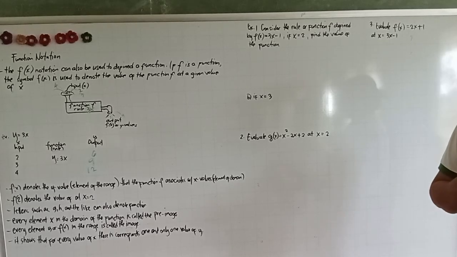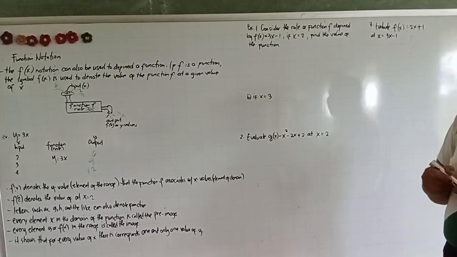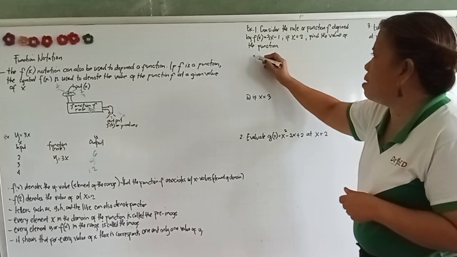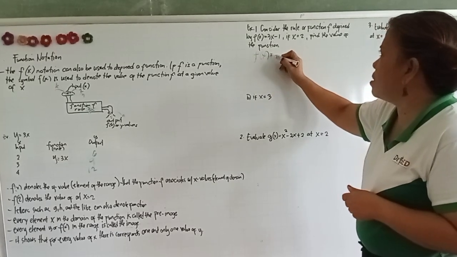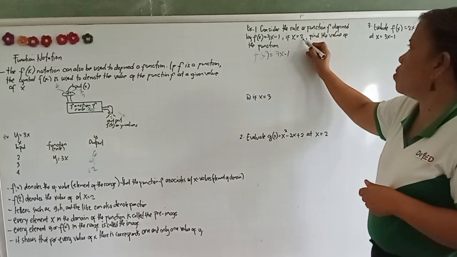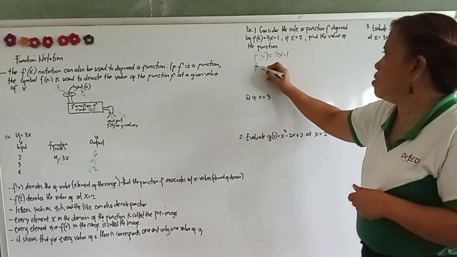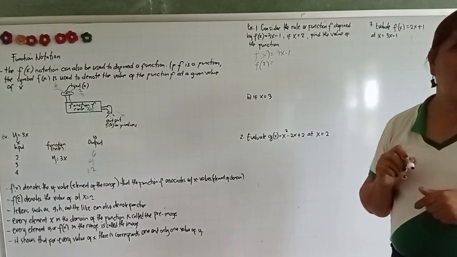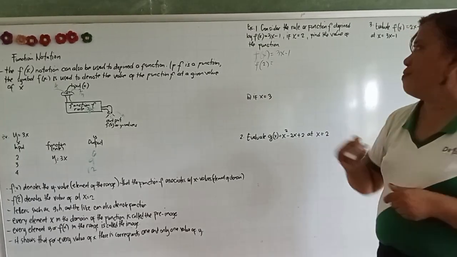Find the value of the function. Okay, so this is our function notation. f of x equals 3x minus 1. The x is 2, so we replace x with 2. Then we show the value.